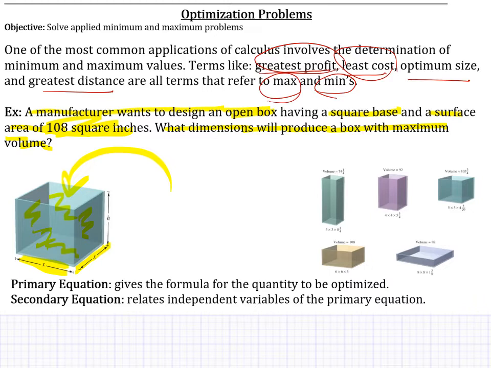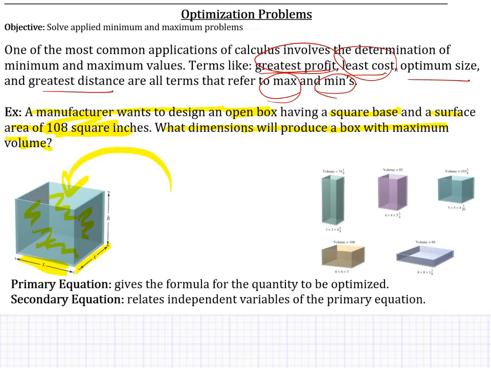They don't want to use any more than 108 square inches because they've allotted a certain amount for the box itself. But they still want to fit as much of the product inside the box as possible. So they want the box to have a maximum volume. So how can we maximize the volume but be constrained to only using 108 square inches of cardboard?